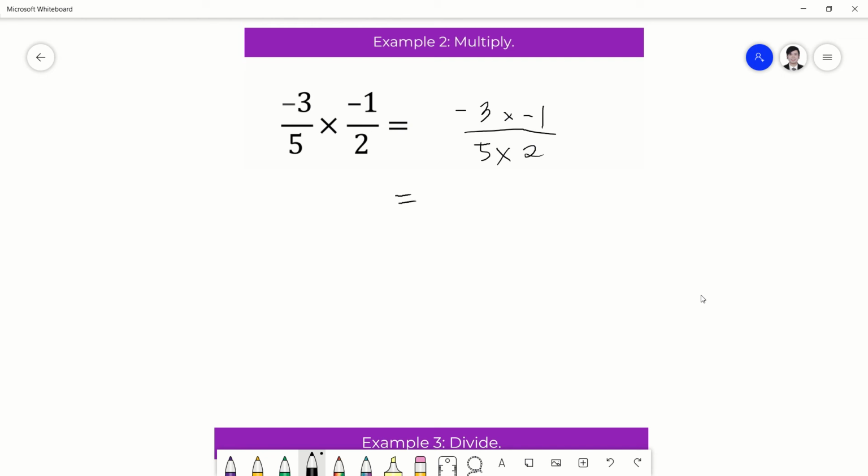If we multiply the numerators, that would be 3. Specifically, it's positive because they have the same sign, negative and negative. Or you can also think of it as the two fractions are both negative, so our final answer is expected to be positive. So 5 times 2 in the denominator is 10. This is now our final answer.